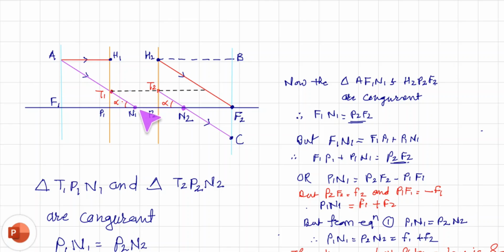We already know that to the right of the optical center the length is measured positive and to the left it is negative. So here this is F2, this is F1. Putting these, we get P1 N1 is equal to F1 plus F2.